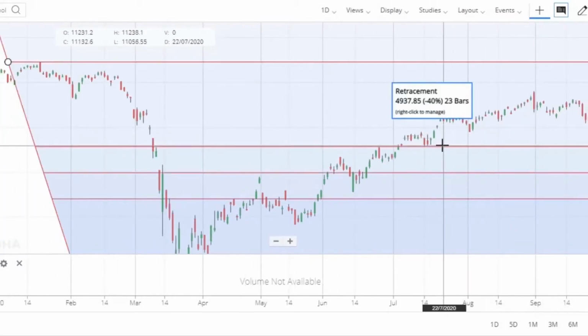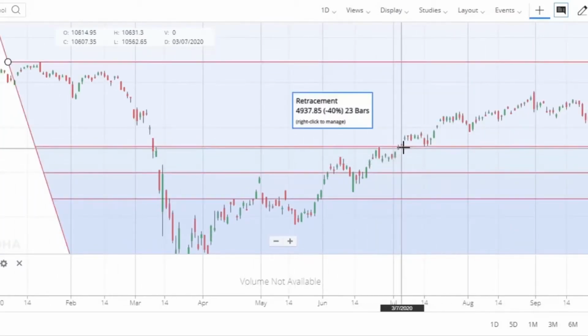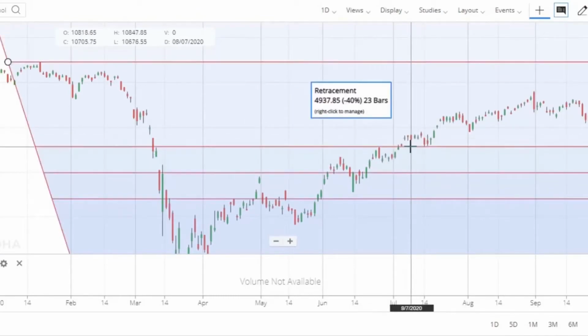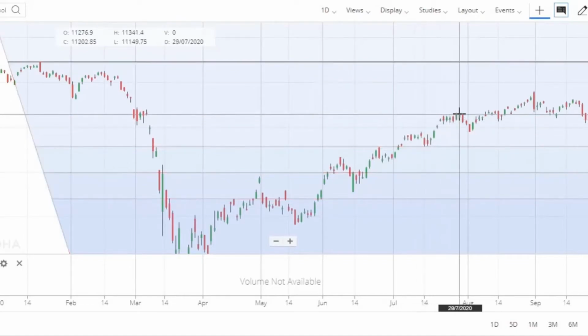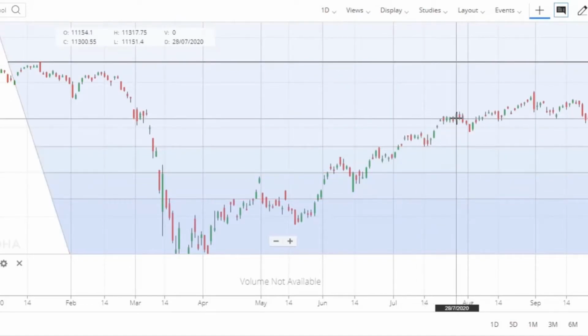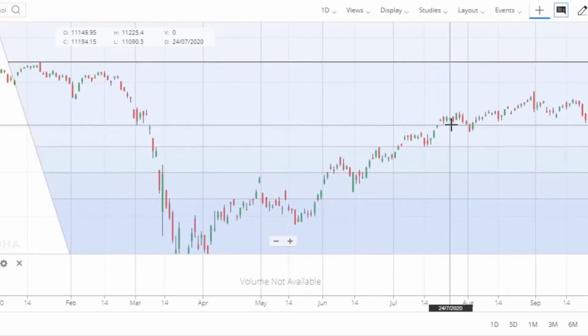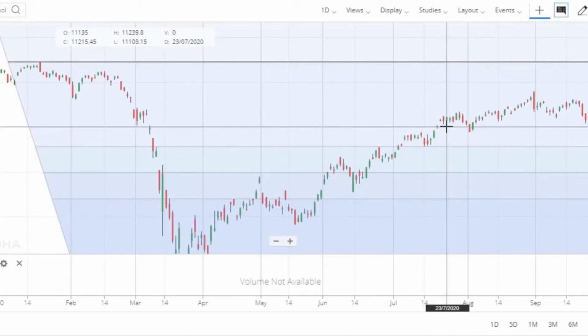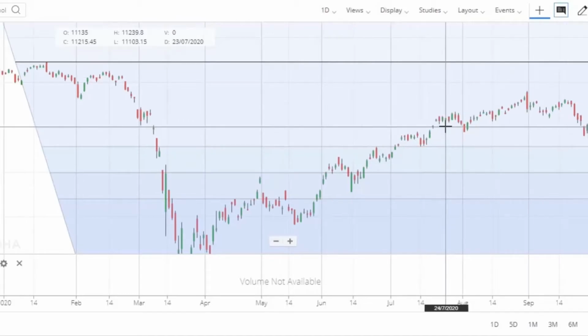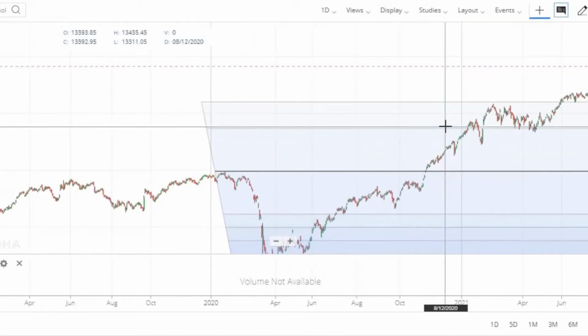It sustained above 61.8. After gapping up on 61.8, it retraced back, tested it again, retested this level, and then started its way back up again. So in such cases, when it breaks up above 61.8, as we discussed earlier, the target levels for Nifty become 138.2 levels and 161 levels.